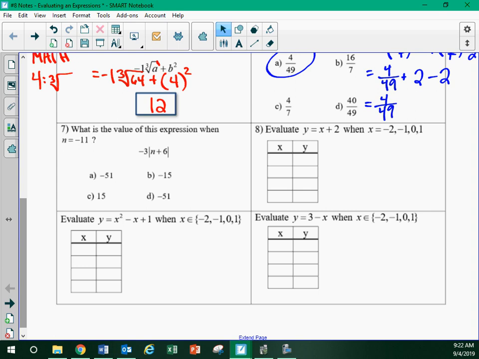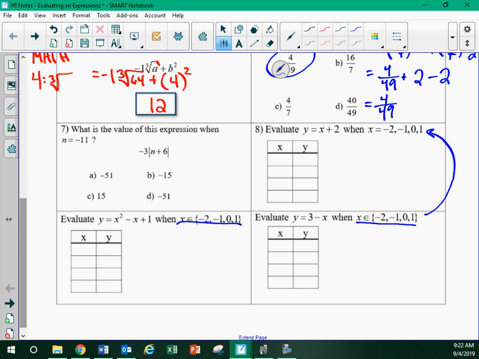So what they're telling us, and notice the notation's a little different down here. They have this really weird looking E thing that's actually a Greek letter called epsilon. You don't need to worry about that. All this notation is saying is the exact same thing as this up here. It's just saying that x equals negative 2, and it also equals negative 1, and 0, and 1.